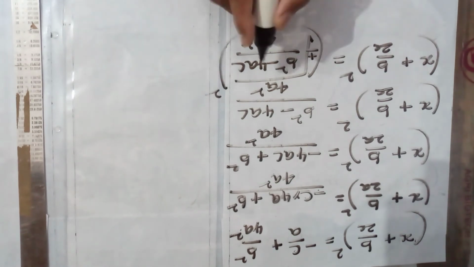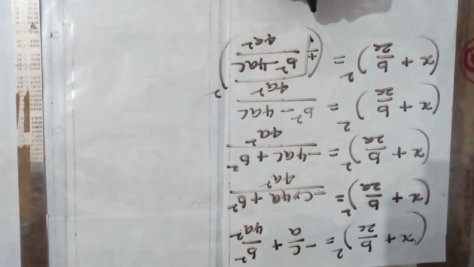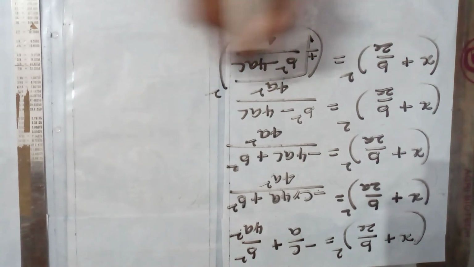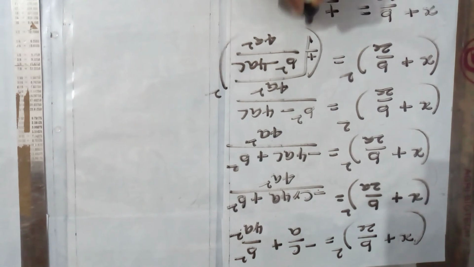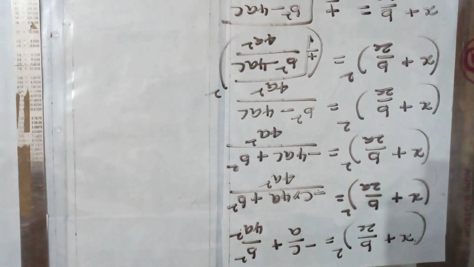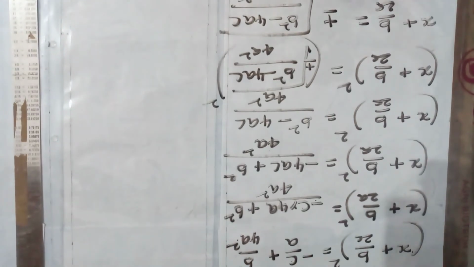Based on that criteria, we will write here plus or minus. Then as the powers are the same, we will take the bases to be equal. Therefore, plus or minus under root b square minus 4ac by 2a. That is the thing here.